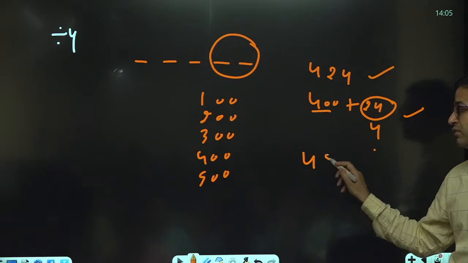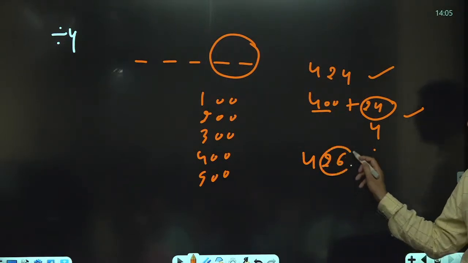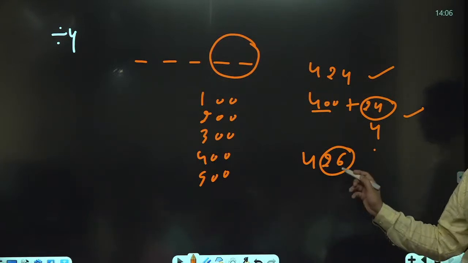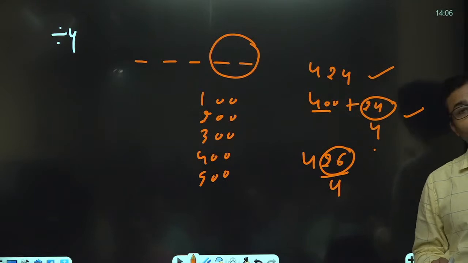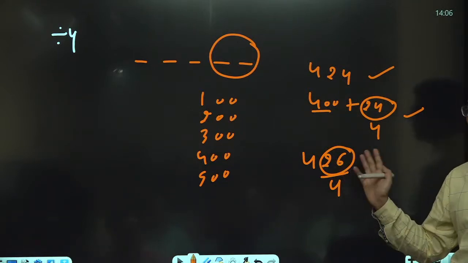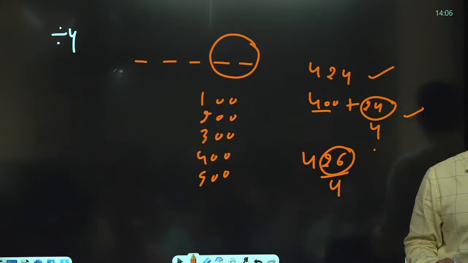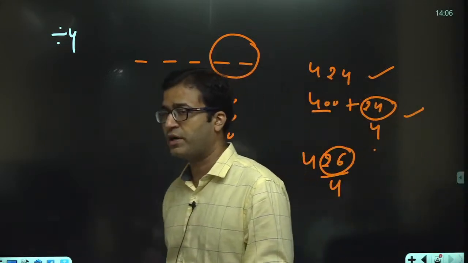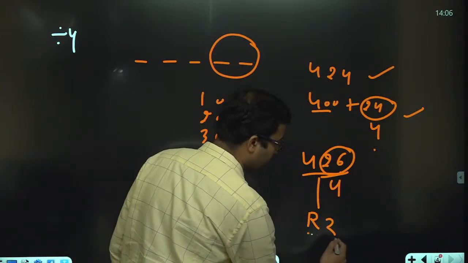But if it is 426, no need to check the 4, only check 26. Is 26 divisible by 4, yes or no? No. For the remainder also, the last 2 digits are more than enough. If I divide 26 by 4, what is the remainder? 2. So this complete number also gives remainder 2.